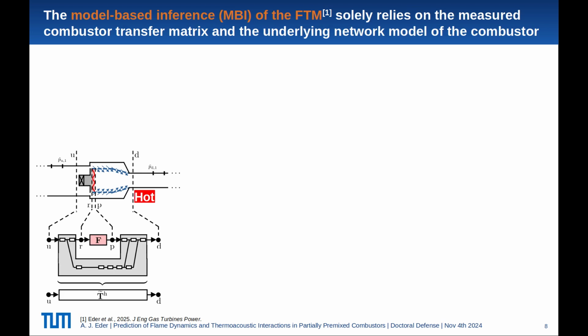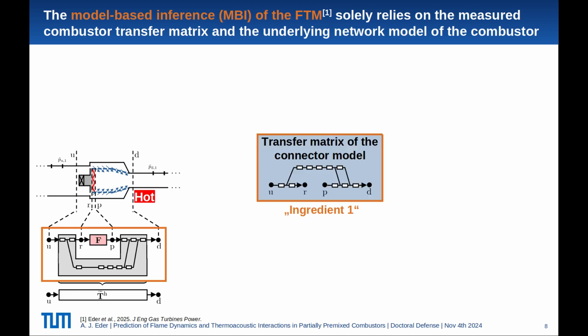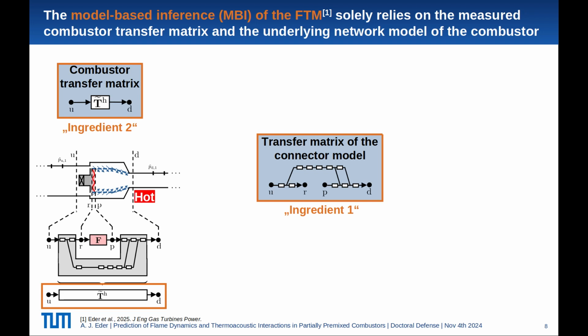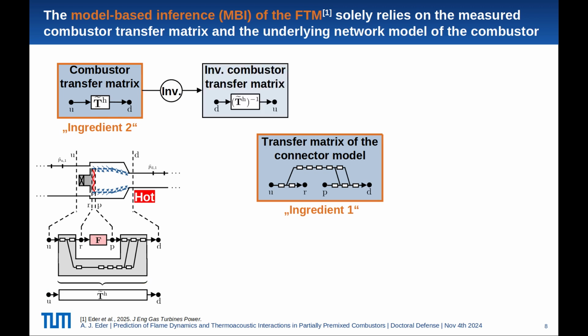So for our method, we need two ingredients. Ingredient number one is the transfer matrix of this connector model. Strictly speaking, this can be just a network model which represents the combustor, the geometry between upstream and downstream. The second ingredient is this measured transfer matrix, as we already heard before, which intrinsically has the information of the flame inside.